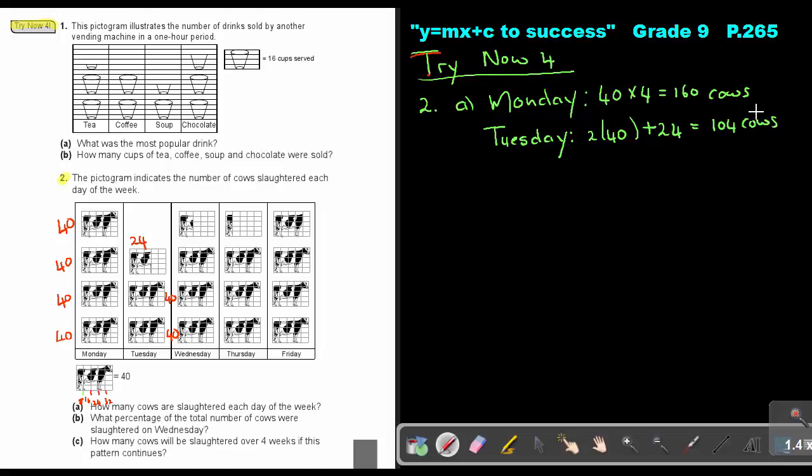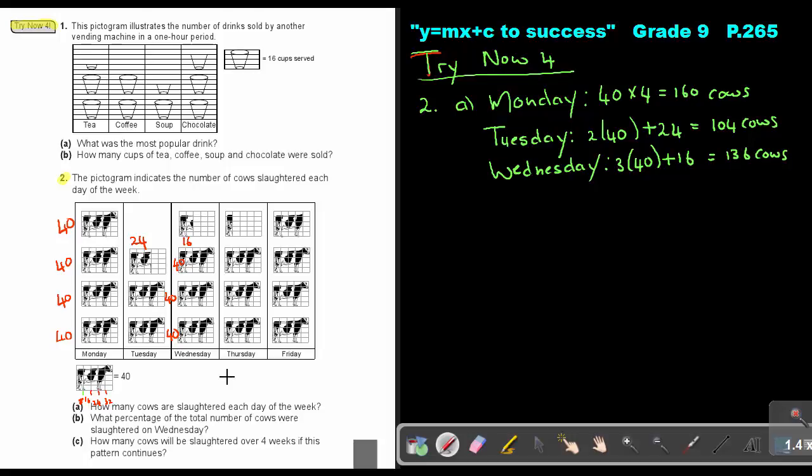Then the next one, on Wednesday. Luckily we already marked 40, 40, so this will also be 40. But this is just 2, so what will it be? 16, 2 times 8. So this one is going to be 3 times 40 plus 16, and that is going to give me 136 cows.